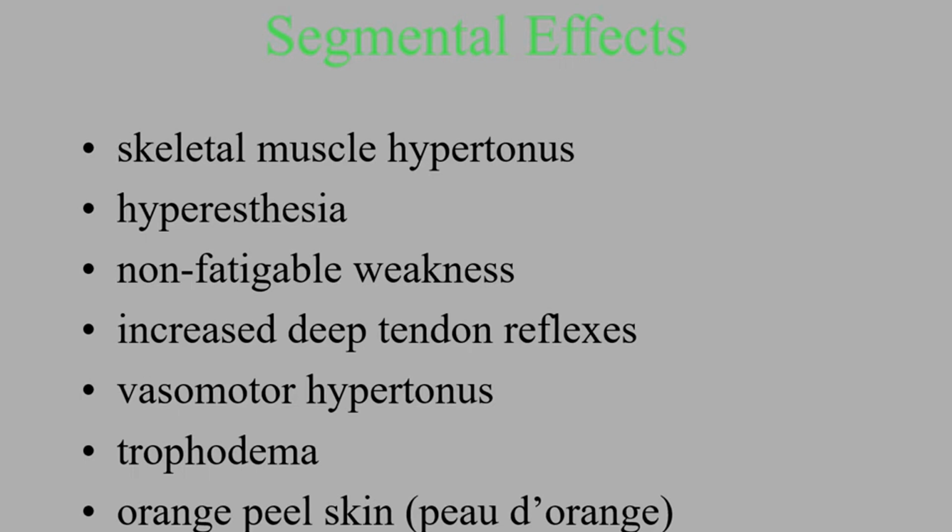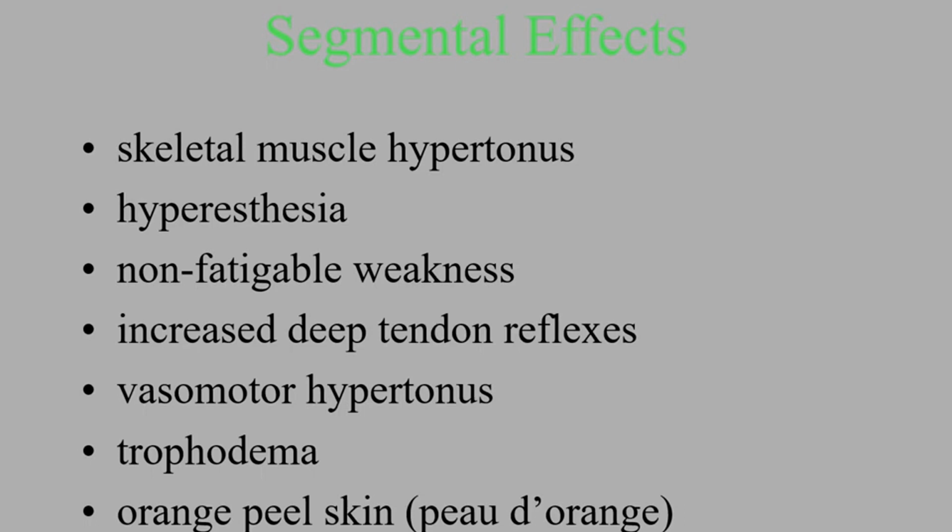Stroking the skin may produce paresthesia, but it appears not to be a spontaneous or standing paresthesia. There's non-fatigable segmental weakness, presumably because of neuromuscular incoordination, because again of misreading of the feedback from the muscle fibers and muscle spindles. There's increased deep tendon reflexes, for the same reason there's increased muscle hypertonus.